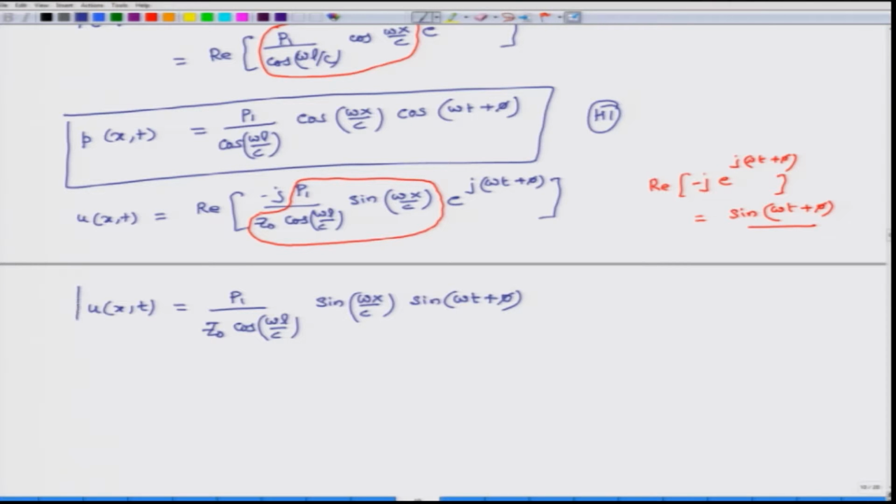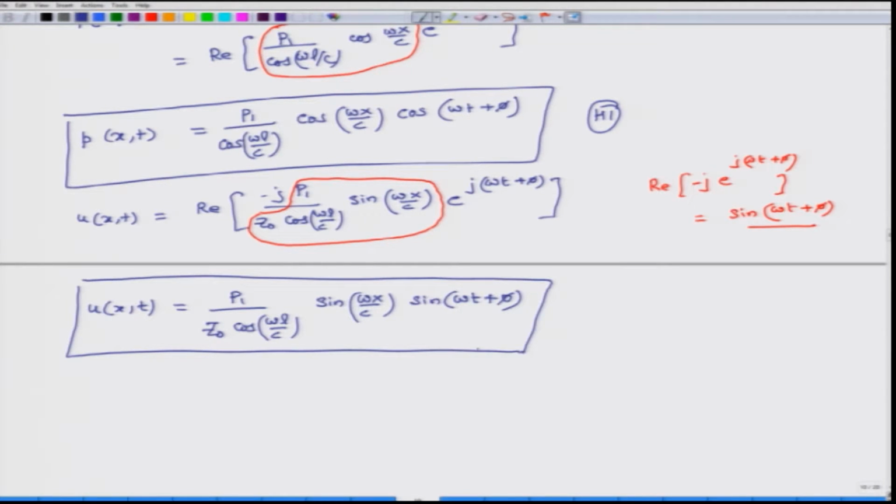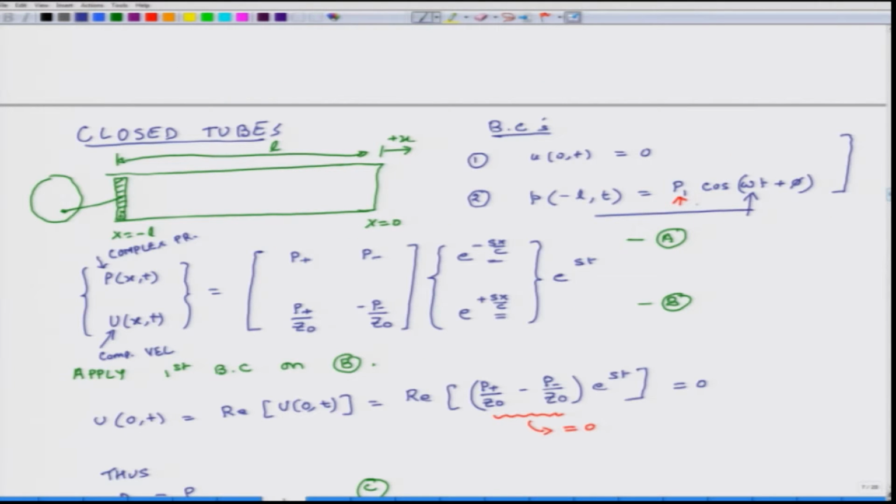So, that is my second relation, and this relation tells us how velocity is changing in a closed tube, the tube which is excited at one end by a piston, where the pressure at the beginning is defined by this function. Okay.